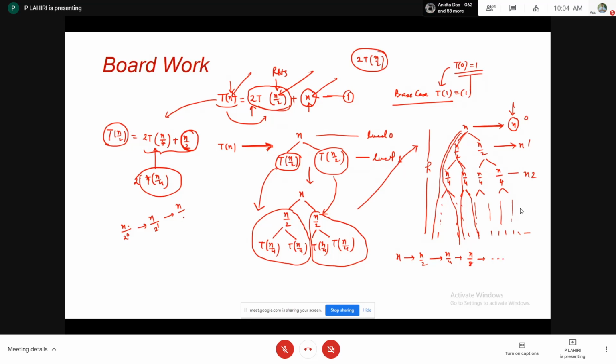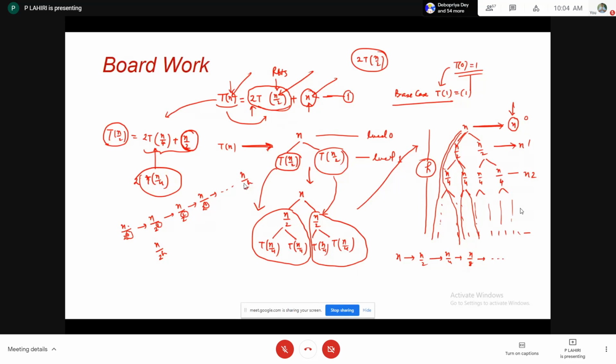N by 4 can be expressed as n by 2 square. N by 8 can be expressed as n by 2 cube. Here 0, here 1. This is nothing but the level number, and you are dealing with a binary tree here. Okay, right? Fine. So, how many levels you have to traverse? 8th level. Okay, fine. So, in general, can we write n by 2 to the power 8? Is it so?